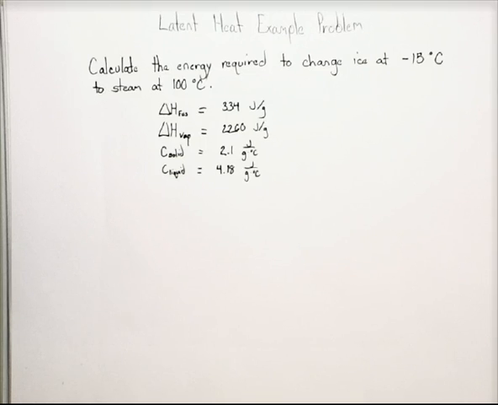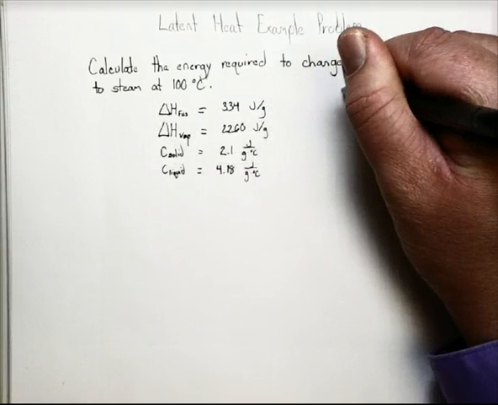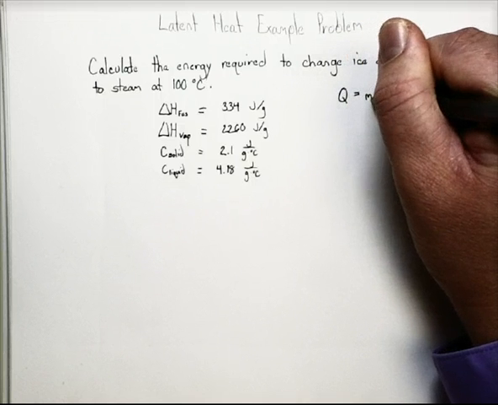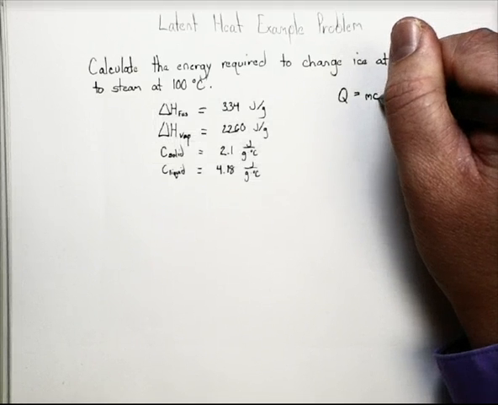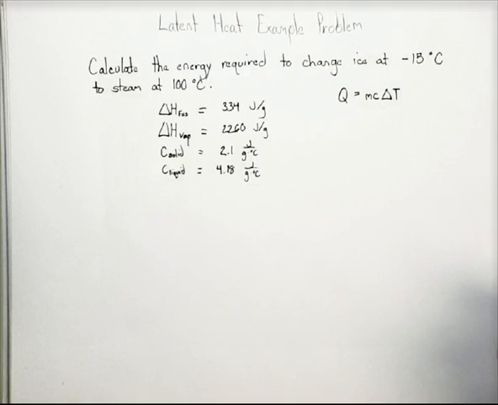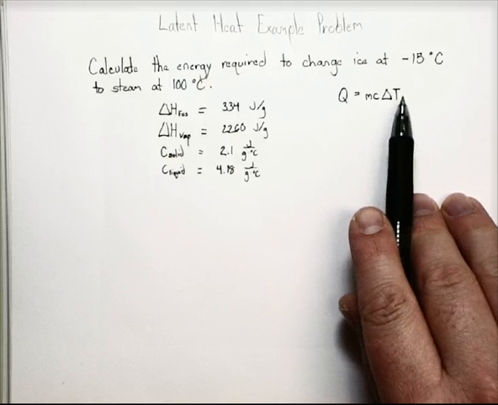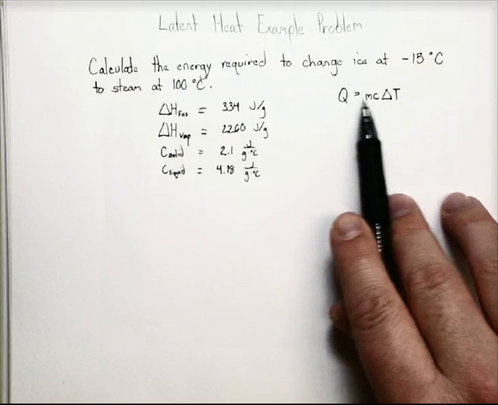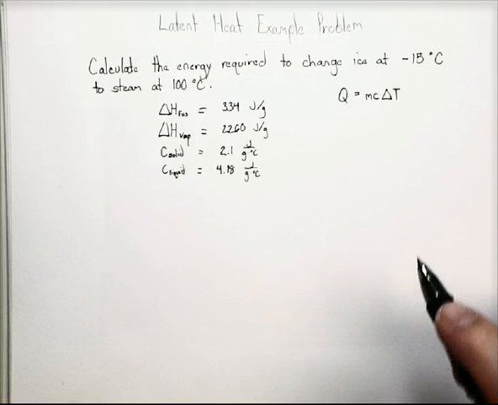We would use the specific heat equation, which tells us that the heat is equal to the mass of our substance times the specific heat times the change in temperature. This is for cases where the temperature changes. During a phase change, the temperature does not change, so this equation is not any good for us if there's a phase change going on.